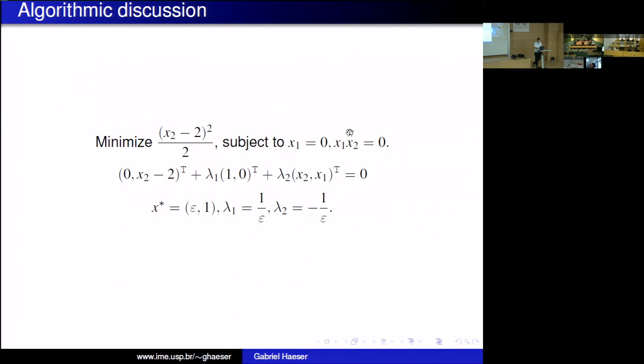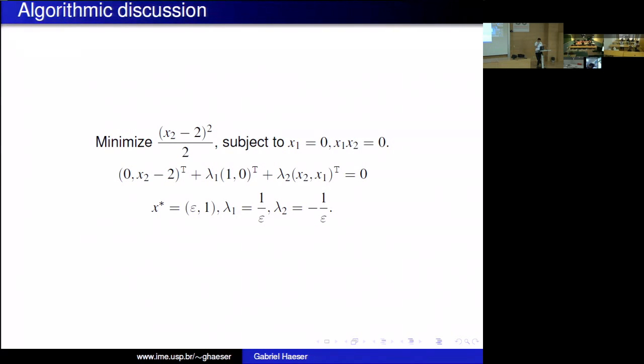So the constraint set simply says that x1 is 0, and the other constraint is redundant, it says nothing. And so the global solution to this problem is x1 equal to 0, x2 equal to 2. But I can check that this point, x star of the form (epsilon, 1), fulfills the approximate KKT condition.